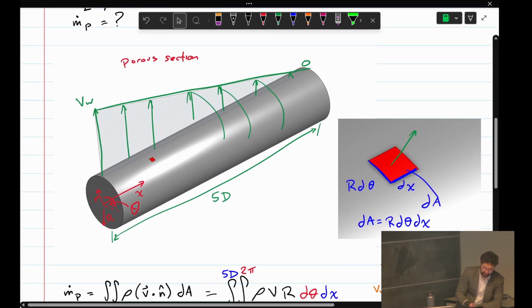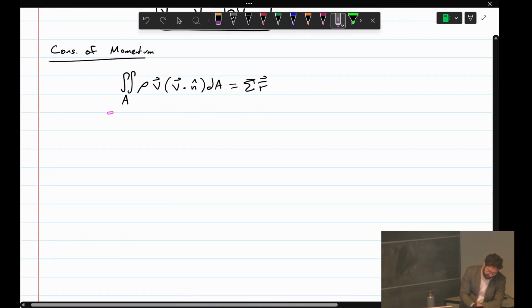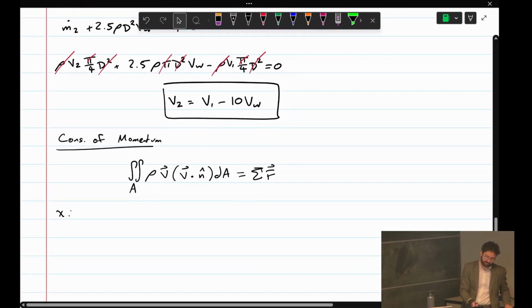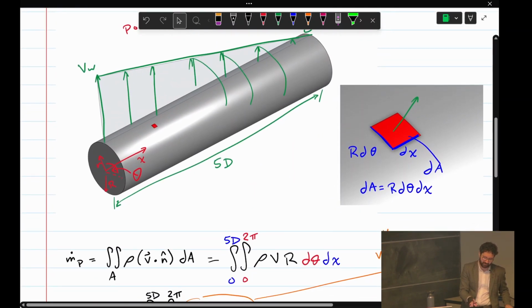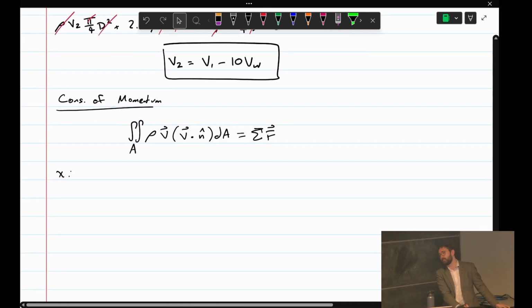When this is steady state, we just have our integral term. That means that the net flux of momentum is equal directly to the sum of forces. Luckily, for this problem, our x direction only has these uniform inlets and outlets. So for our momentum, that's going to be. Oh yeah, sorry. Is there a question?